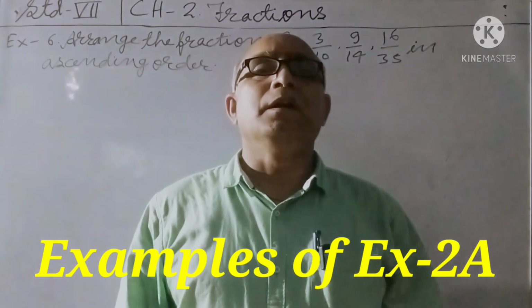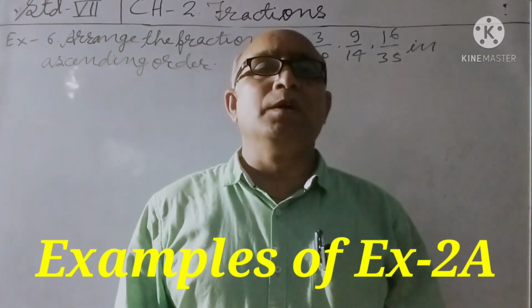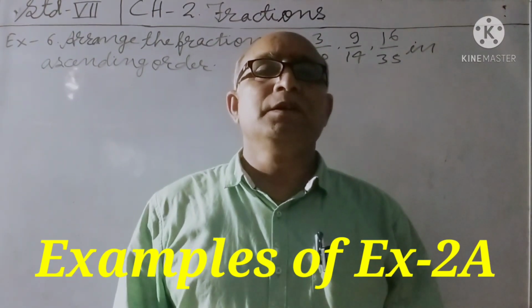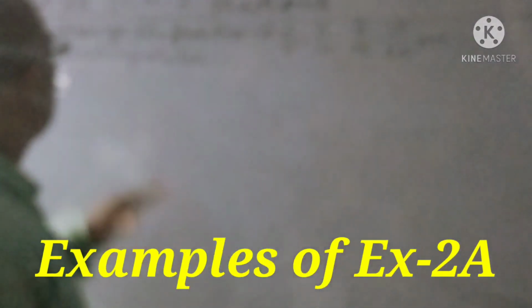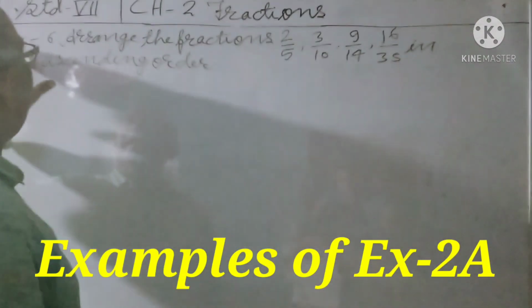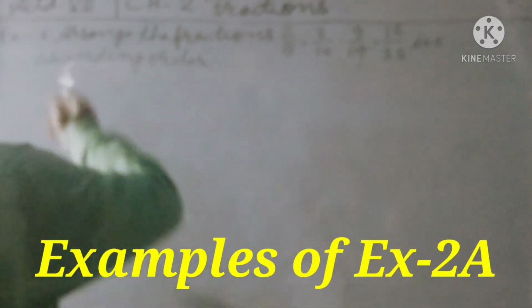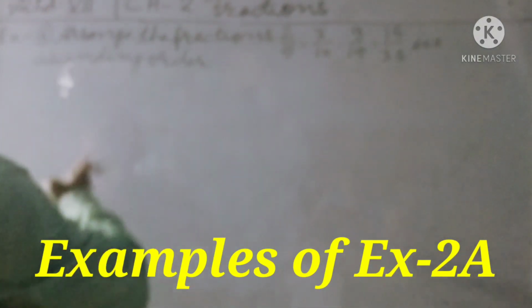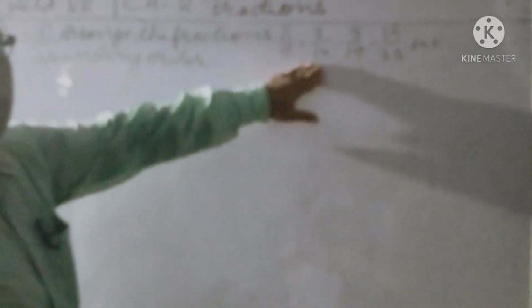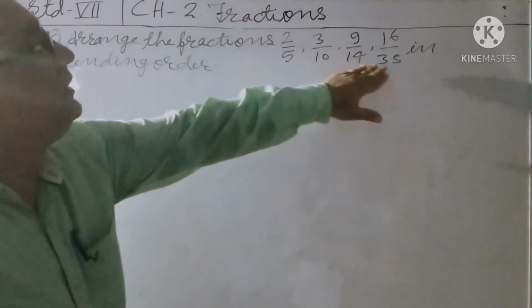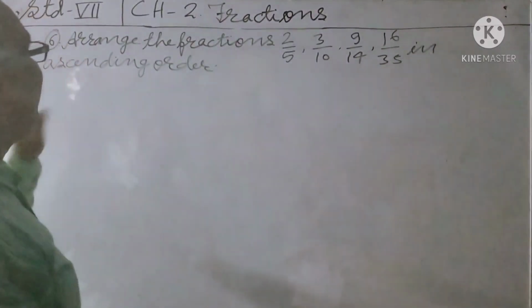Students, now I shall solve some examples of exercise 2A. Example 6. Arrange the fractions 2 by 5, 3 by 10, 9 by 14, 16 by 35 in ascending order.